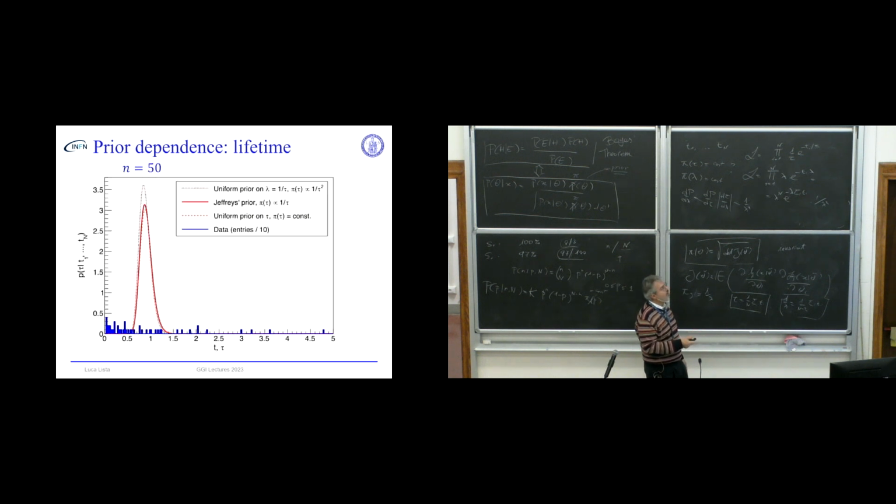And if you have 50, it's even more. So the more measurements you have, the less sensitive you are to the prior. So this is basically the end of the story. I would stop with the Bayesian inference now.